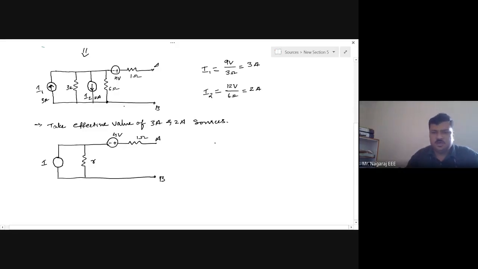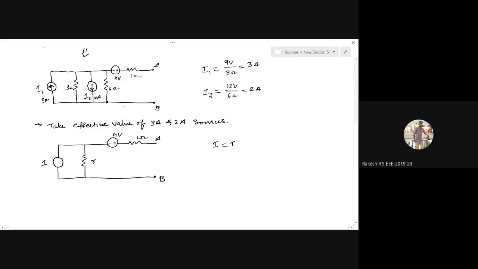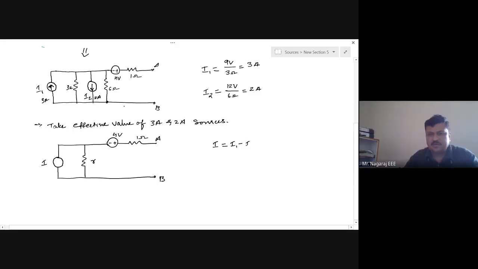Now what is I equal to? In the previous case, when I took the effective value of two current sources, both the current sources were in the same direction. But now the current sources are not in the same direction. I1 is upward, I2 is downward. So the effective value of current I is I1 minus I2, because I1 is larger in magnitude than I2.